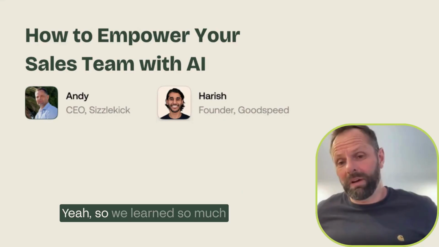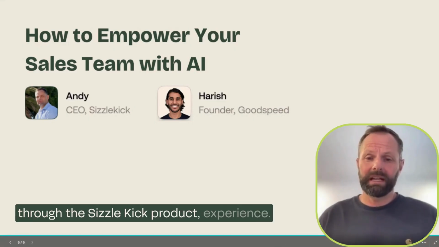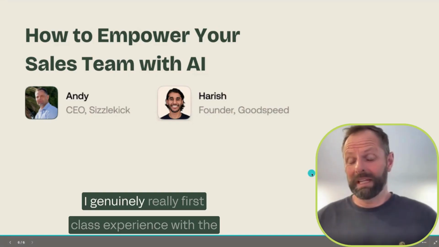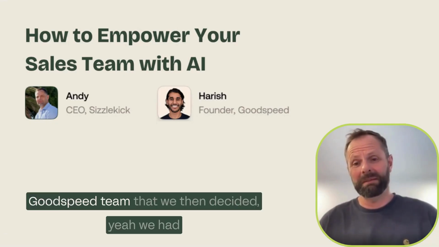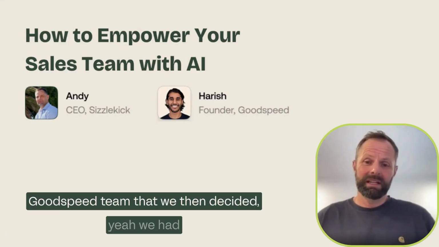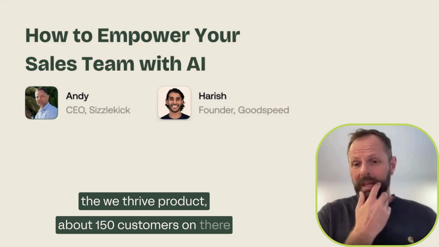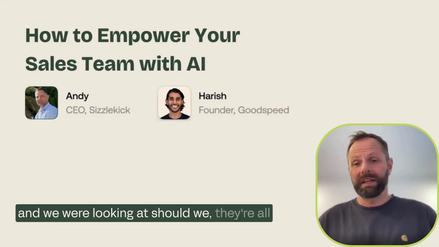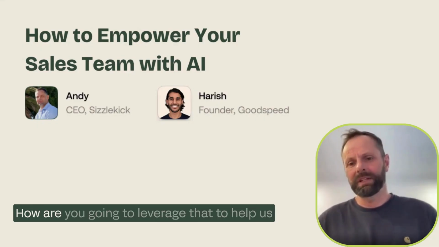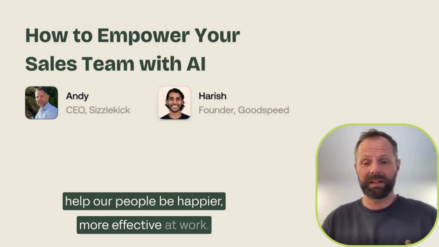So we learned so much through the Sizzlekick product experience. I had a genuinely first-class experience with the Goodspeed team, that we then decided, we had the We Thrive product, about 150 customers on there, and they were all asking us, what are you doing about AI? How are you going to leverage that to help our people be happier and more effective at work?